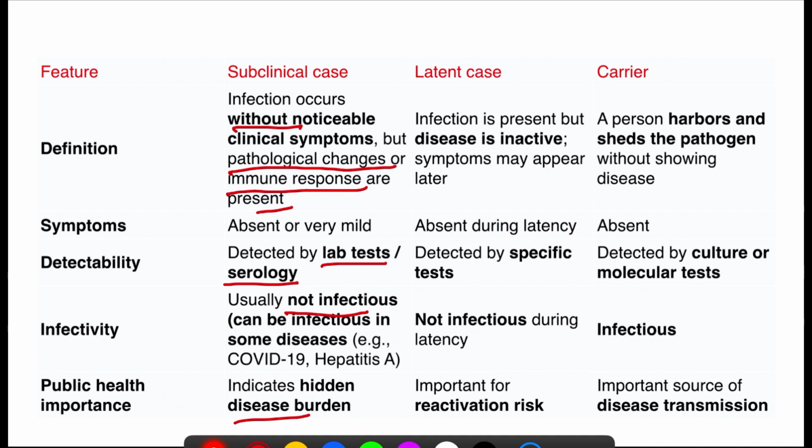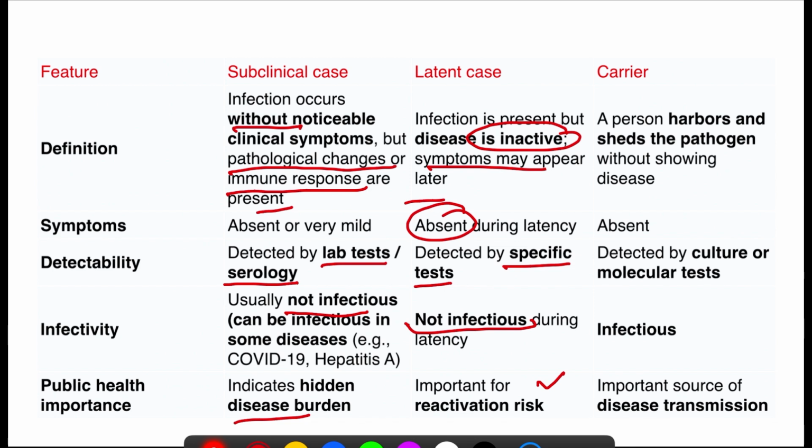What happens in a latent case? Although the infection is present, the disease is inactive and symptoms may appear later on. At that time the symptoms are absent and the disease is detected only by some specific test. During the period of latency, these patients are not infectious and there is always a risk of reactivation in such cases.